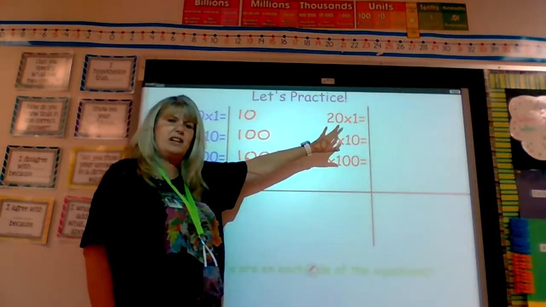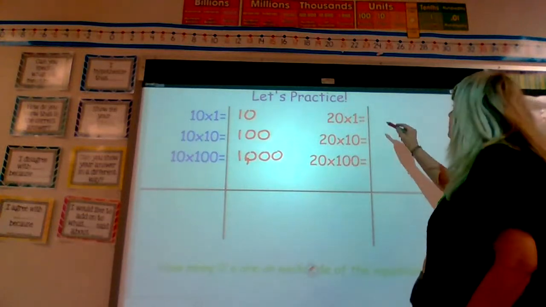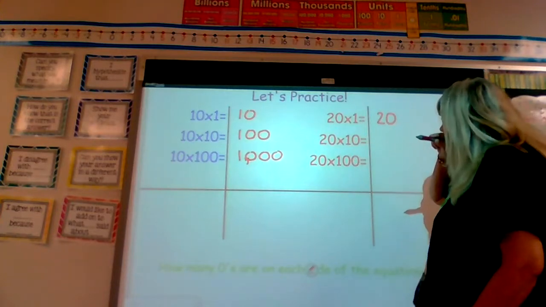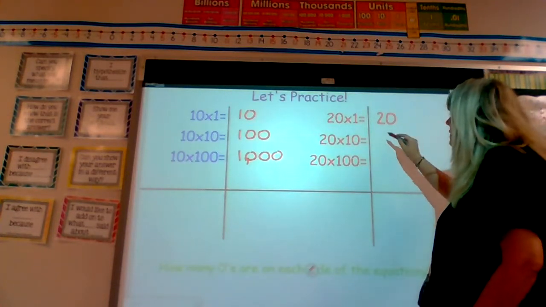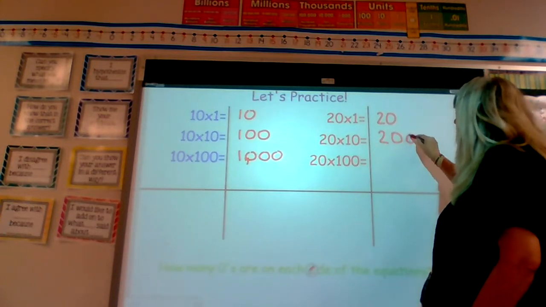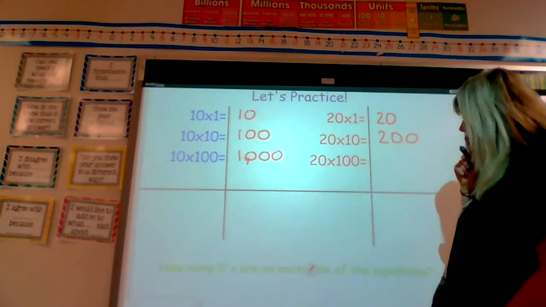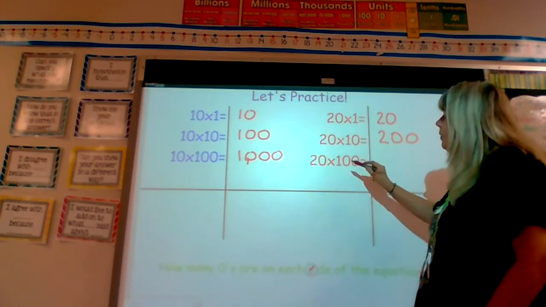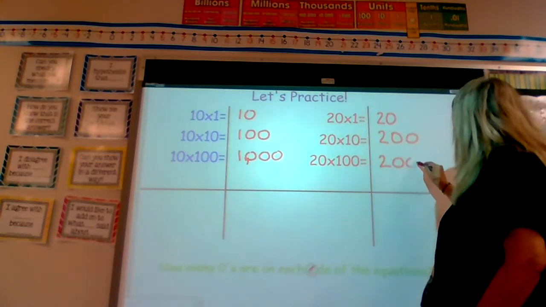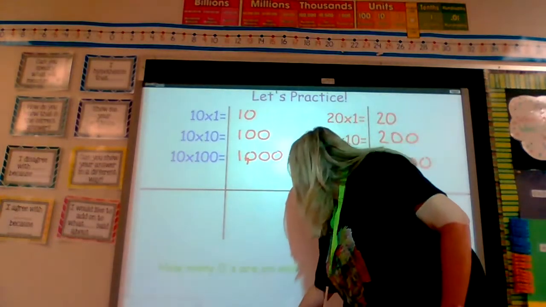What about this next column over here? Let's see what happens over here. If I have 20 times 1, you're right, it's 20. Well, let's think about that rule. 20 times 10, well, I know 2 times 1 is 2, and there is 1 zero, so 20 times 10 is 200, and 20 times 100, well, again, I know 1 times 2 is 2, and this time there are 3 zeros, so it looks like 20 times 100 is 2,000.